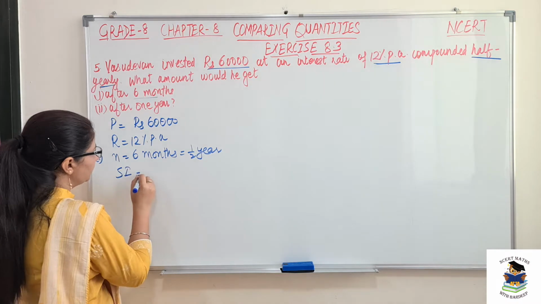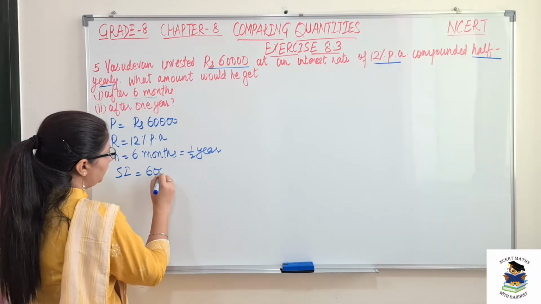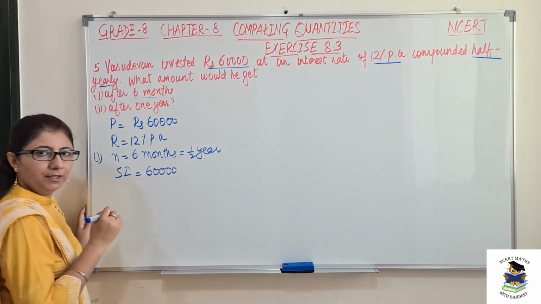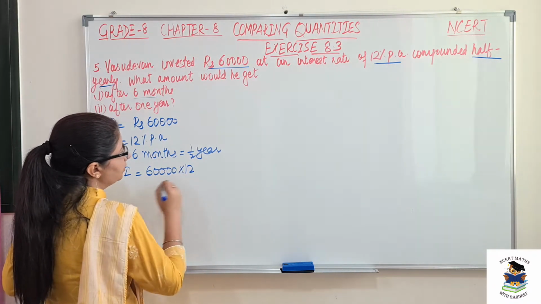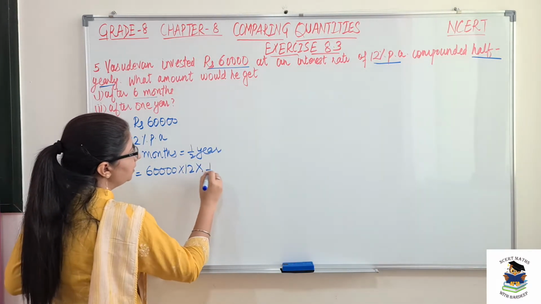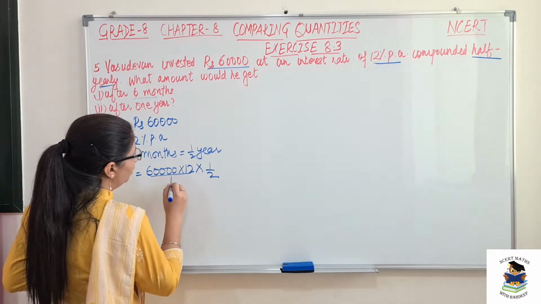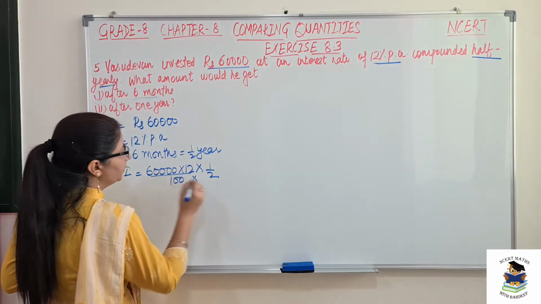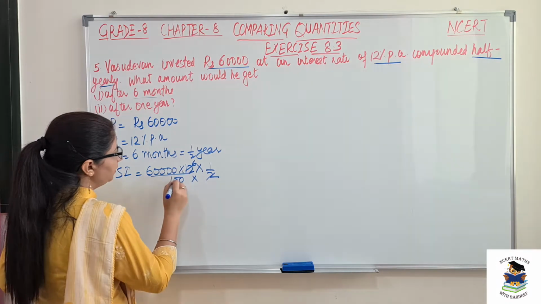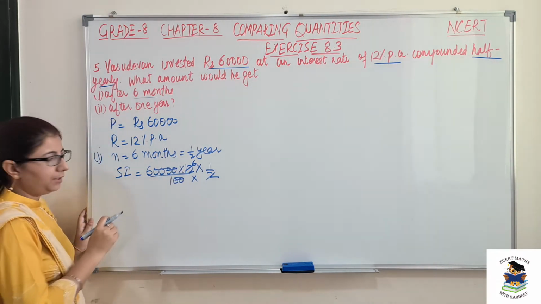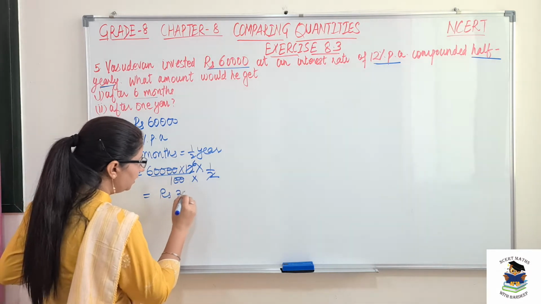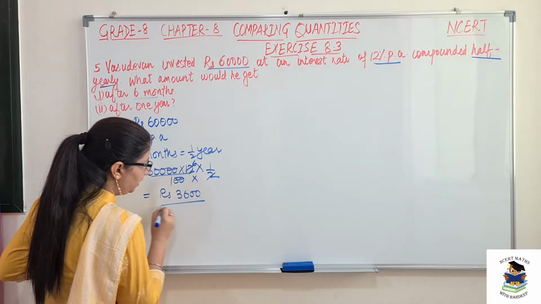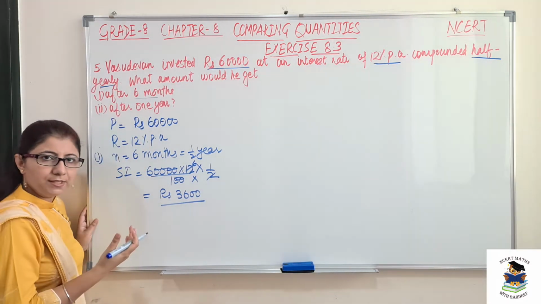So what should be our simple interest? This is P into R into T by 100. P is 60,000, R is 12 and T is 1 by 2 over 100. So this can be cancelled. These two zeros will also be cancelled. So 600 into 6 will be rupees 3600 as interest for the first 6 months.